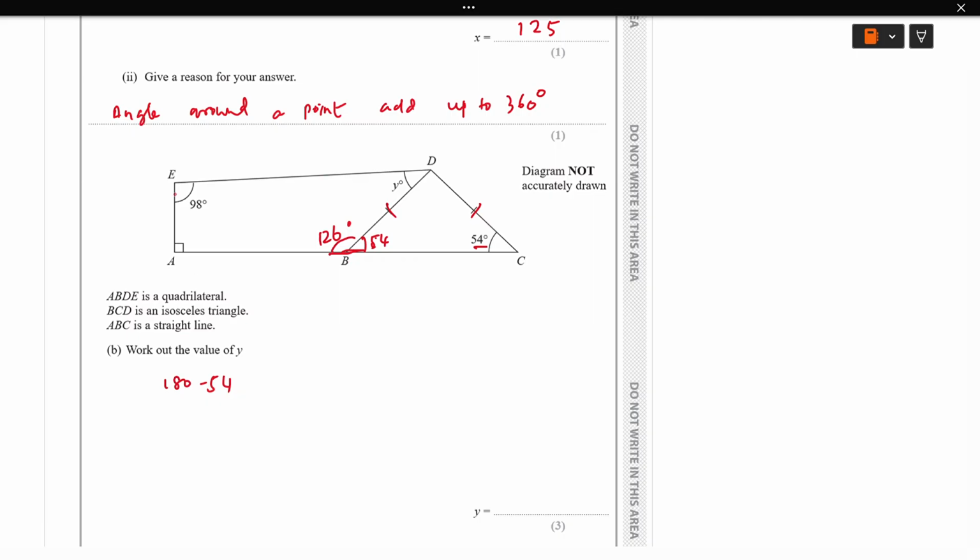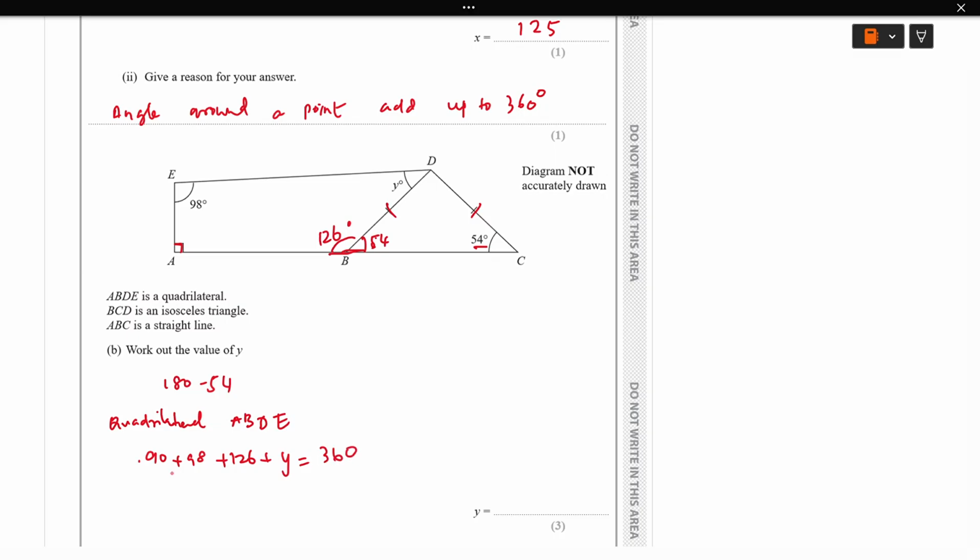Okay, the next one, this is a quadrilateral ABDE. When you add up all the angles, it equals 360, so I'll write angle A equal to 90 degrees. So 90 plus 98 plus 126 plus y equals 360.